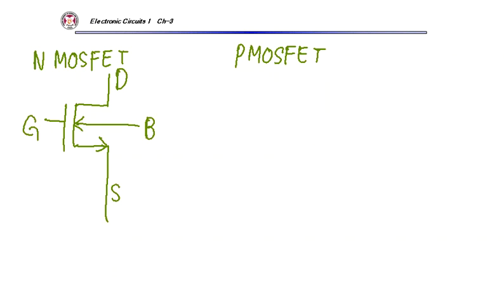So in N-channel MOSFET, VD is always larger than VS, because the electron flows for current conduction. This source must be negative, more negative than drain, to push electrons from source to drain. Yeah, P-channel MOSFET.